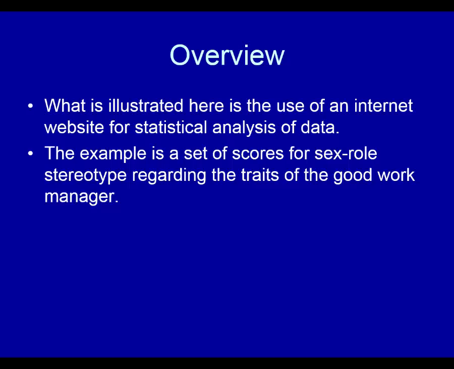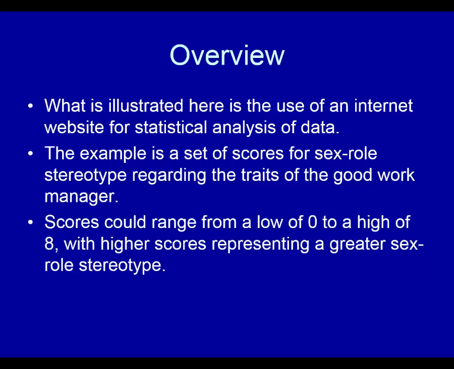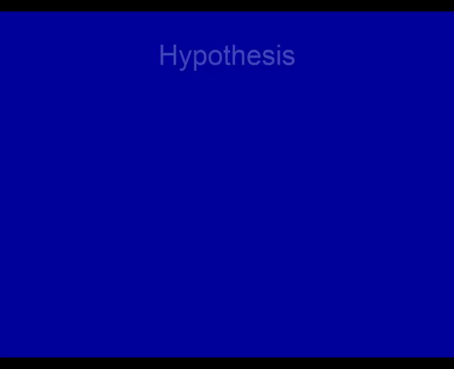The example here is a set of scores for sexual stereotype regarding the traits of the good work manager. Scores on this particular test could range from a low of 0 to a high of 8, with higher scores representing a greater sexual stereotype.